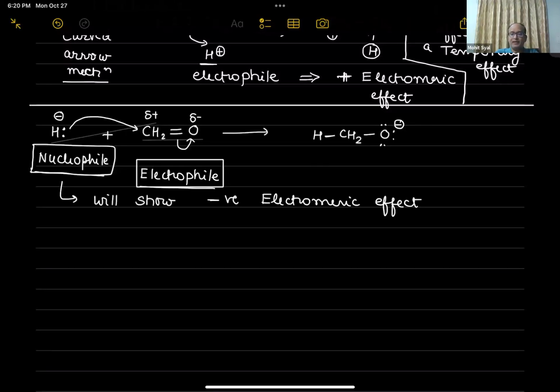I will give one more example of an electrophile and a nucleophile, but that is not an example of electromeric effect; it is only an example of an electrophile or a nucleophile. This is an ether, methoxymethane. What will happen if it is put into an acid which contains H plus?